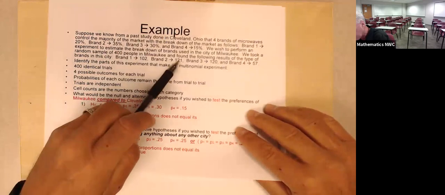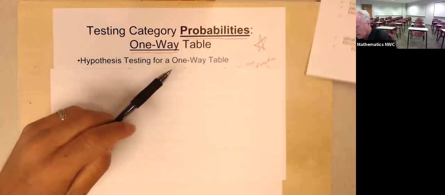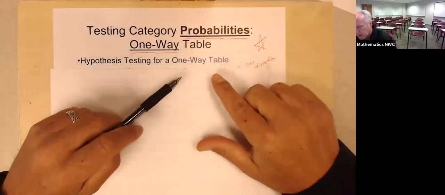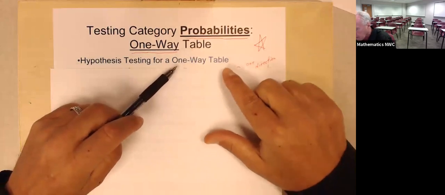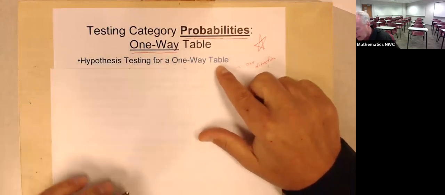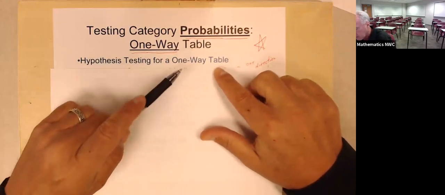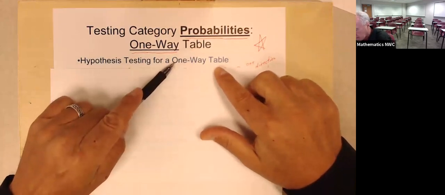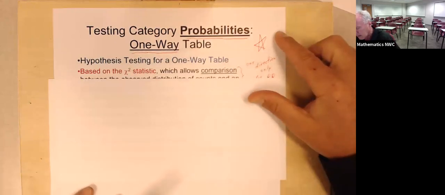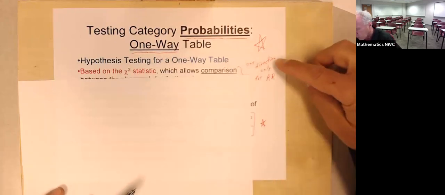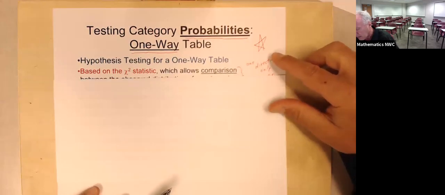Just one set of data going horizontally. That'll make more sense when we get to chapter 12, section 2. But one-way table is today. Try to keep that straight from section 2, which we'll cover in the next lesson. One direction only. I'll cover that again.